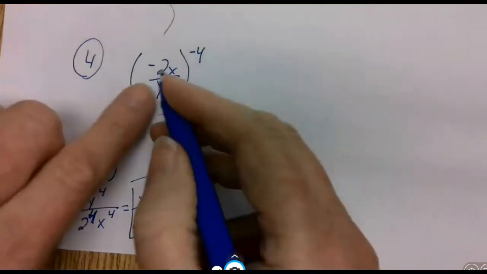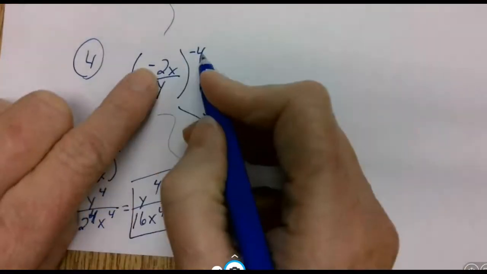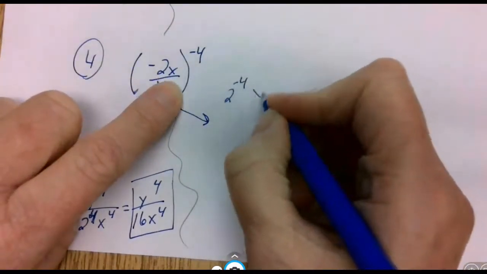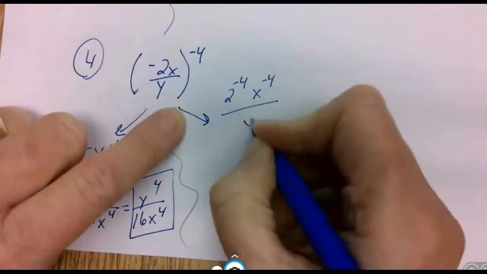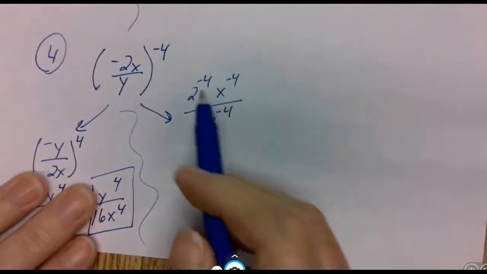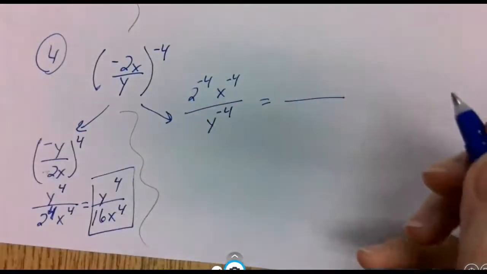Or I could have taken everything to the power first. So I'm going to have negative, oh gosh, I have to think. Negative to an even power is positive. 2 to the negative 4, x to the negative 4, all over y to the negative 4. Okay. So now I'm going to take care of them.